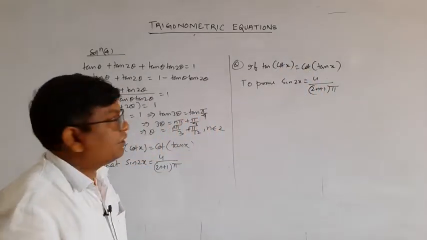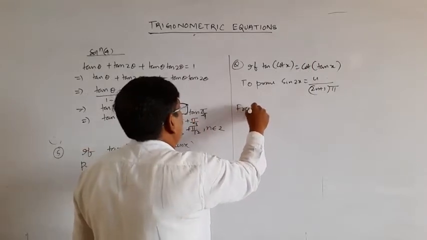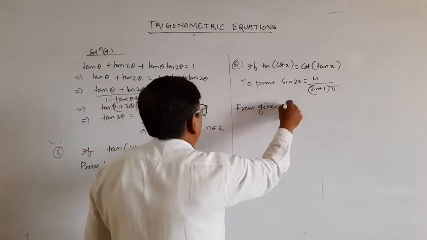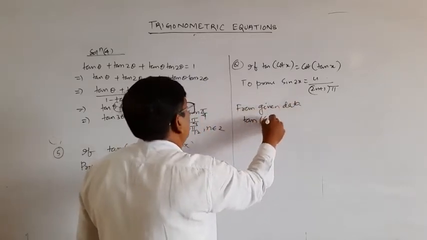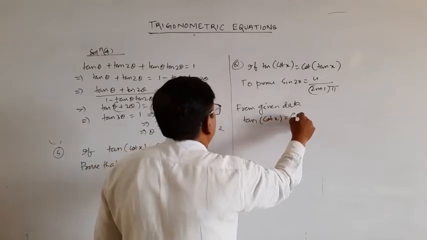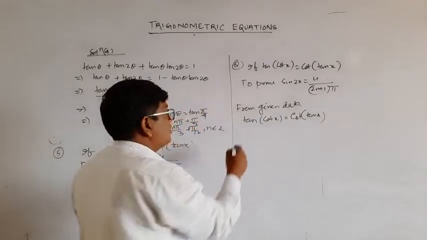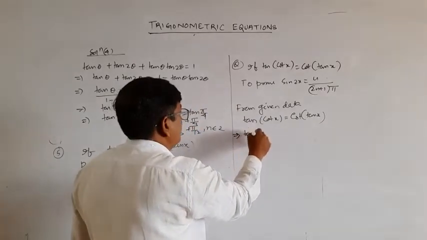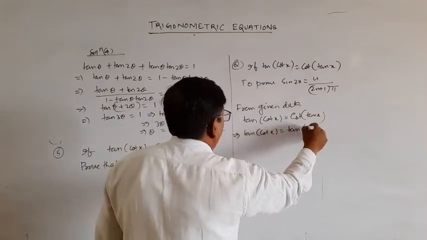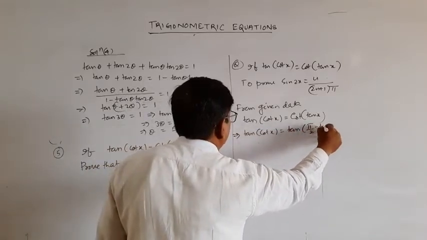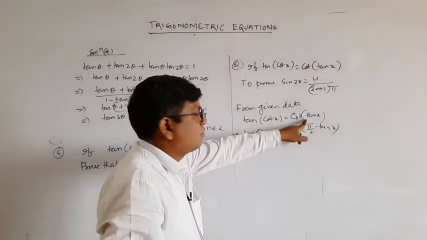From the given data, tan of cot x is equal to cot of tan x. So we can write tan of cot x is equal to tan of (pi by 2 minus tan x), because tan of (90 minus theta) is equal to cot theta.